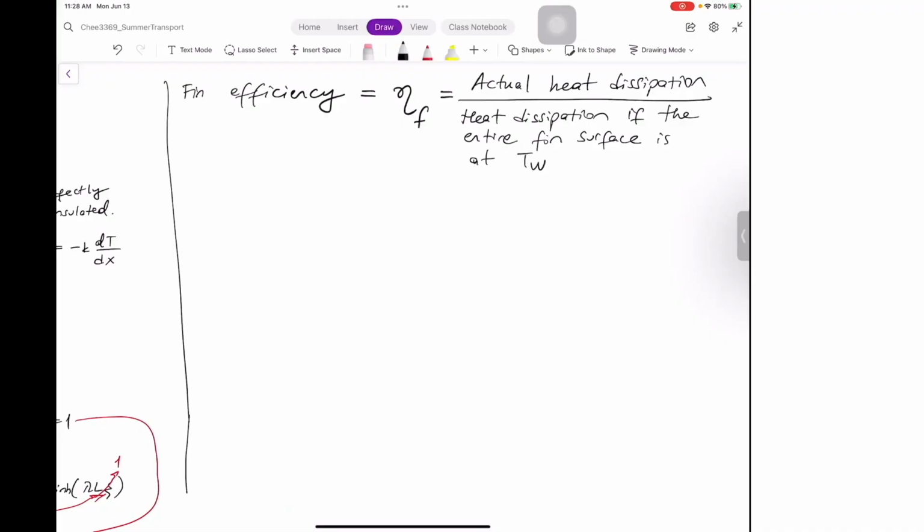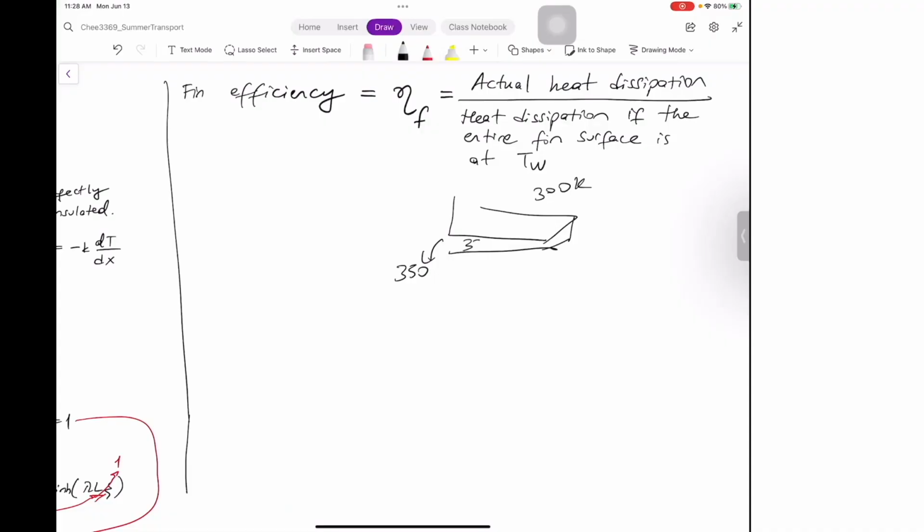We know that the fin will have a smaller temperature than the T wall, and just because it's having a smaller temperature, the heat transferred through the surface is going to be less than what it would be if it were at T wall. So imagine that you have this fin, and this is like 350, and this is 300 Kelvin, the air.